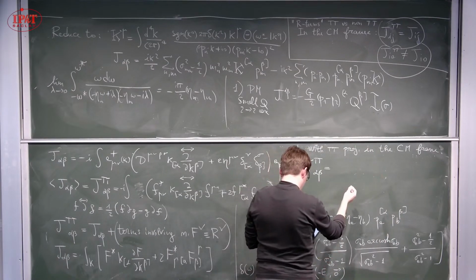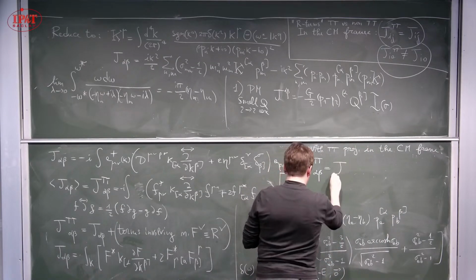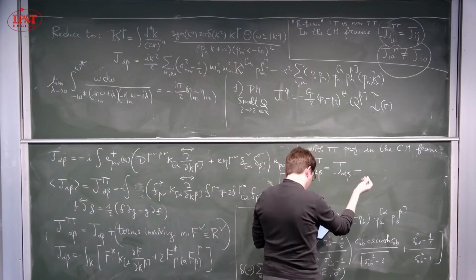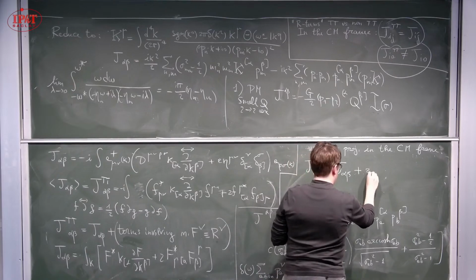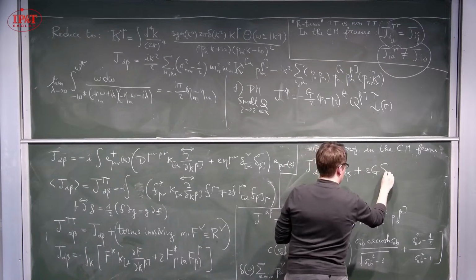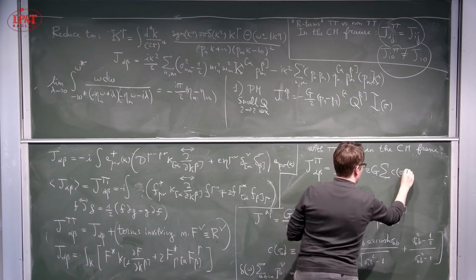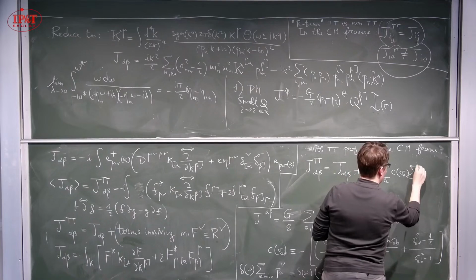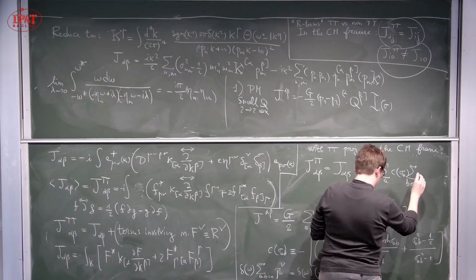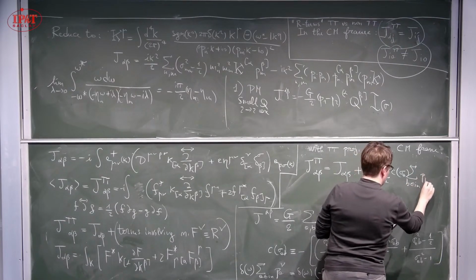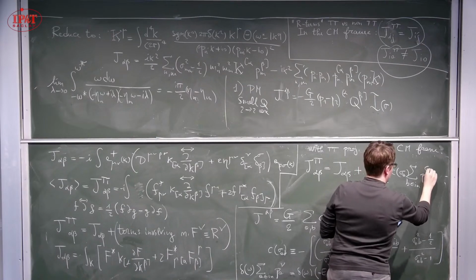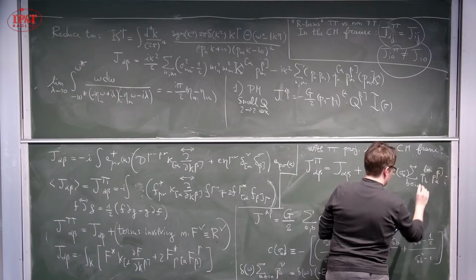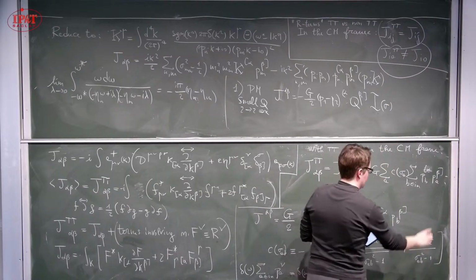this is equal to J alpha beta without TT, plus a contribution, sum over A of the incoming state, P_B alpha C_AB.